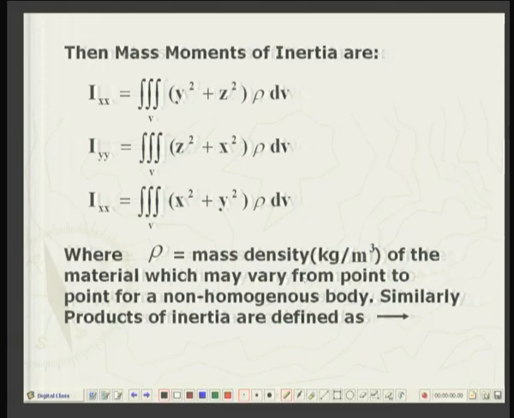This is simply the distance from the x axis by Pythagoras theorem. Similarly, Iyy is dm times the distance from the y axis squared, integrated over the entire volume of the body, and similarly Izz is equal to the volume integral of x square plus y square times rho dV.